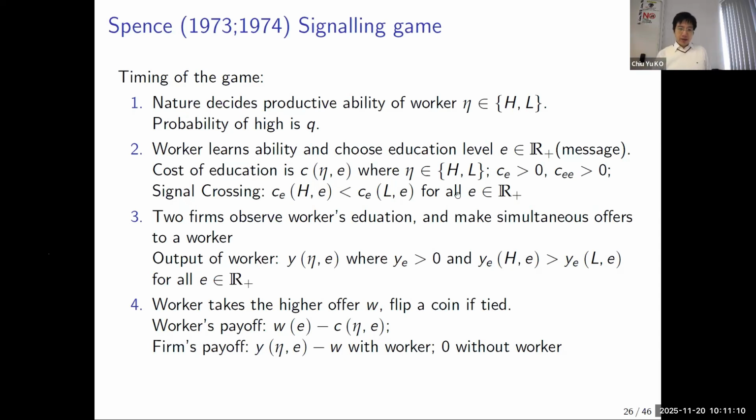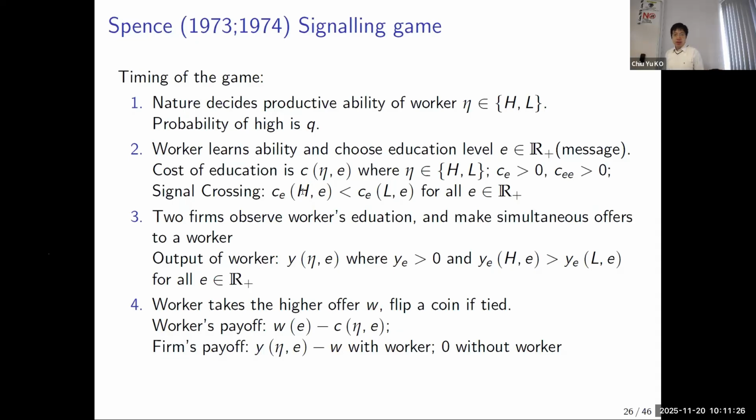And here we have what we call the very famous single crossing condition, which means that if you're high ability, the marginal cost of education is lower.